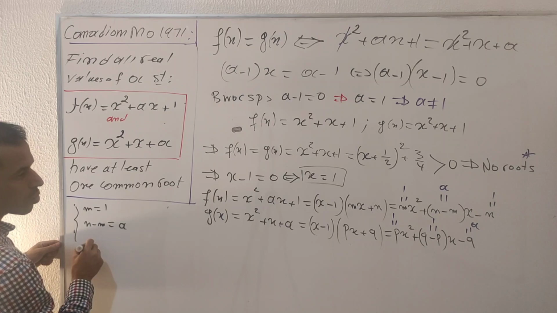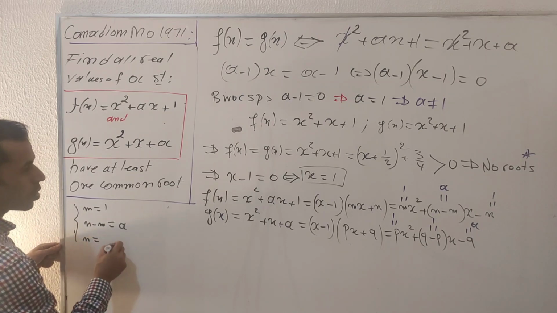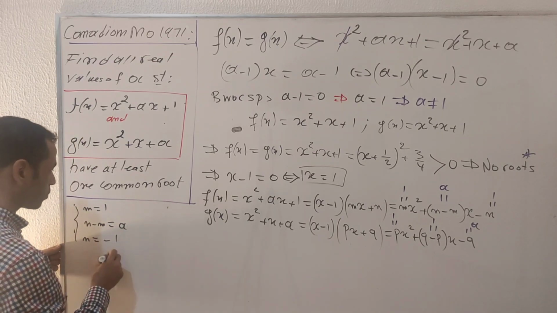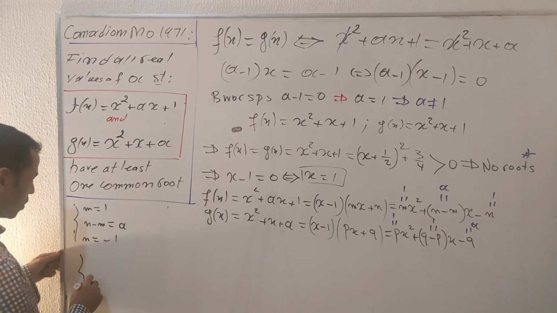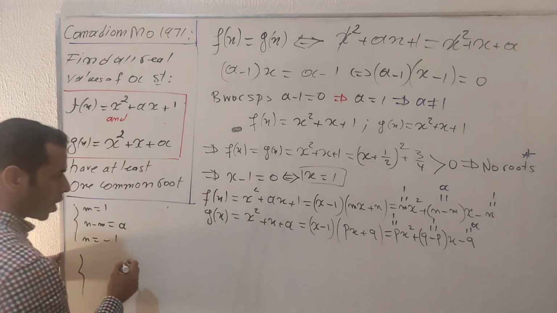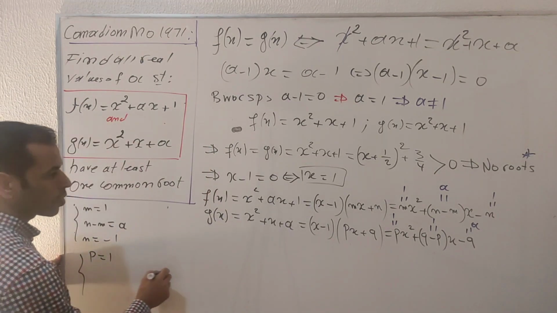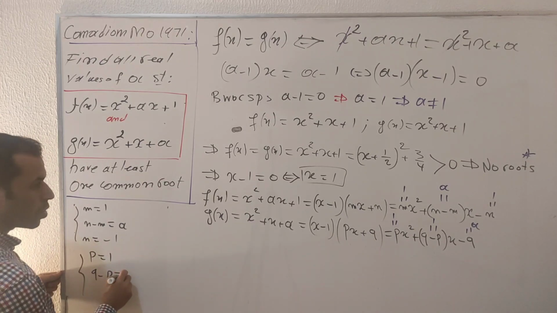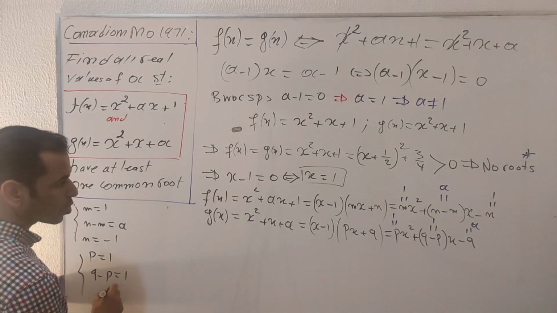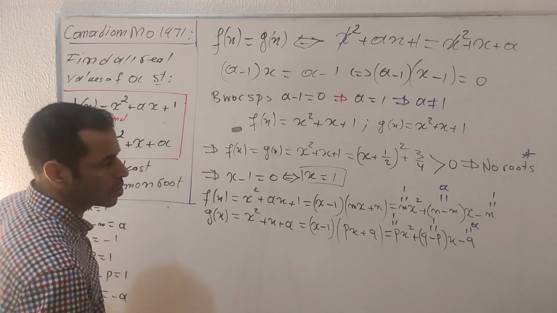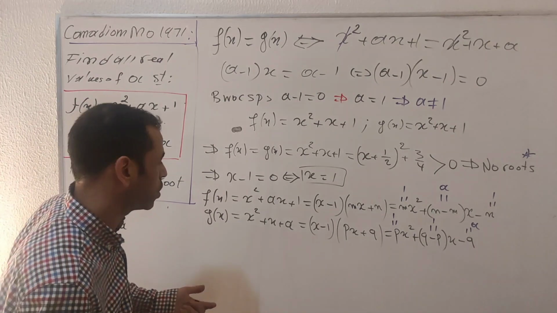The last term, minus n equals 1, which means n equals minus 1. For the second function, I get p equals 1, q minus p equals also 1. The last one, minus q equals a, in other words q equals minus a.